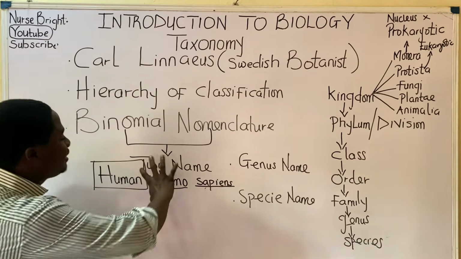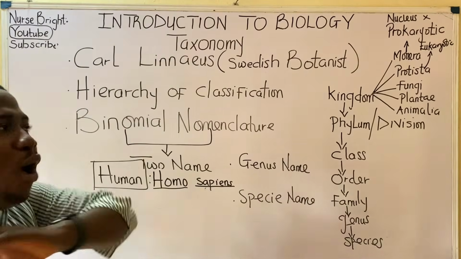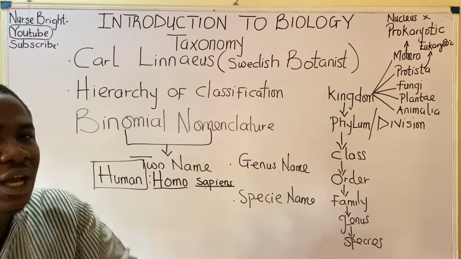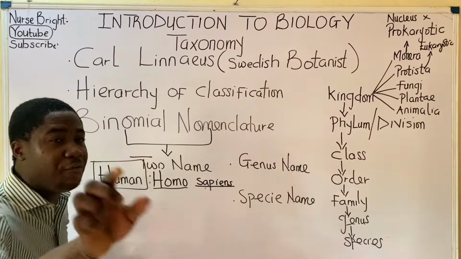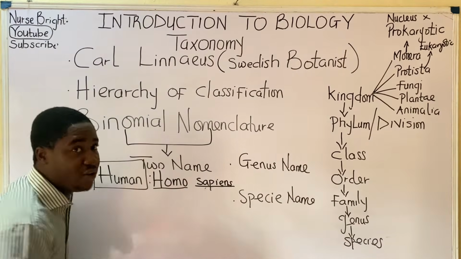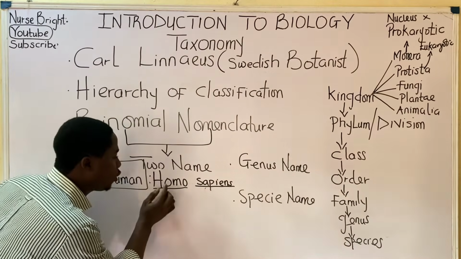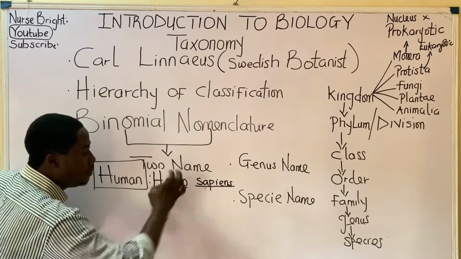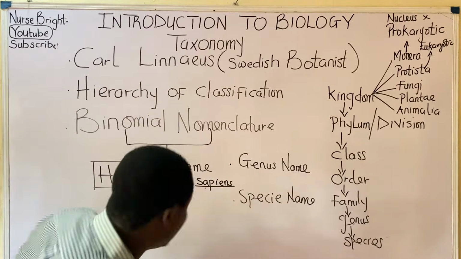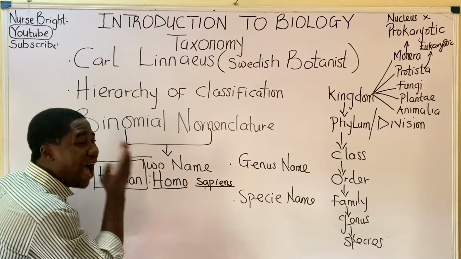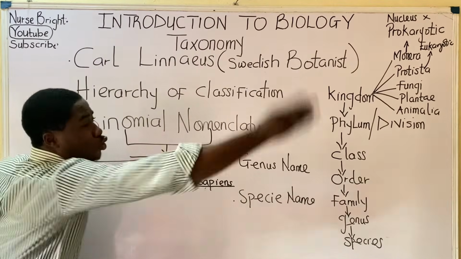So you can see this, now written, explains what we call binomial nomenclature. Different organisms have their own scientific name. Now, if you observe how I wrote this scientific name, you have to be careful when you are writing it in your notebook. You must make sure that for the generic name, the first letter starts with a capital letter. You can see it's capital letter H, and the other letters after the first should be small letters.